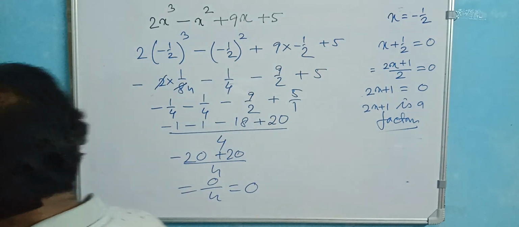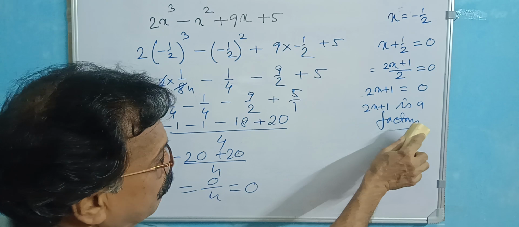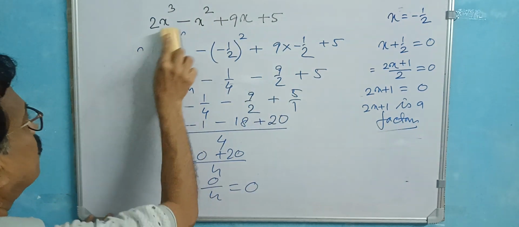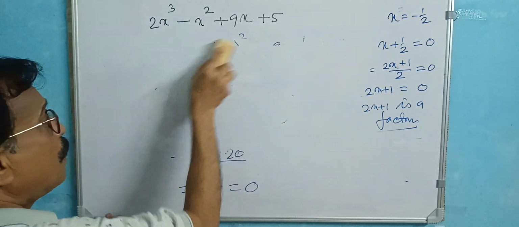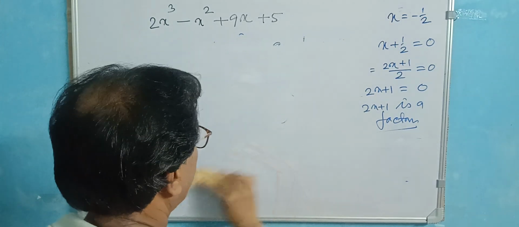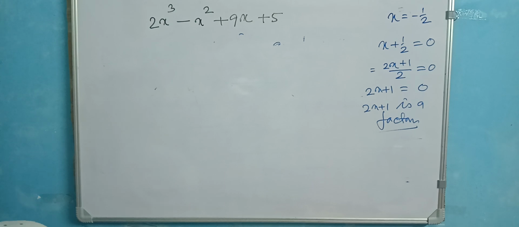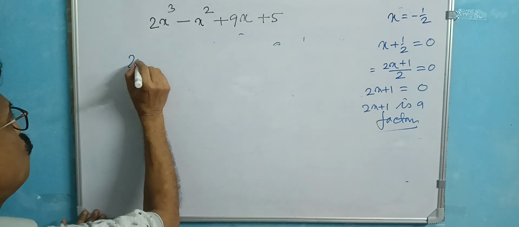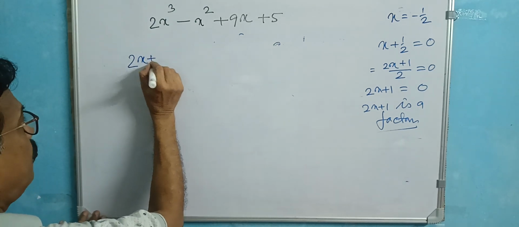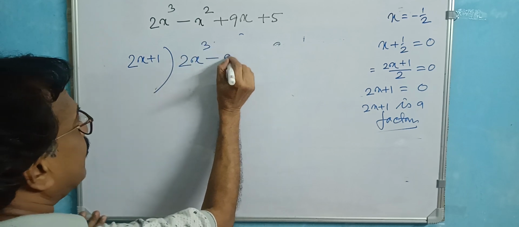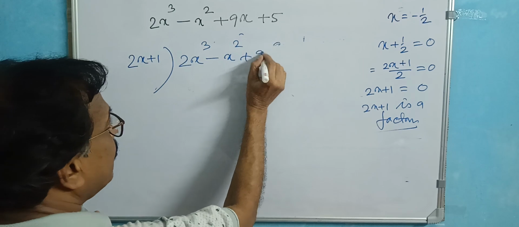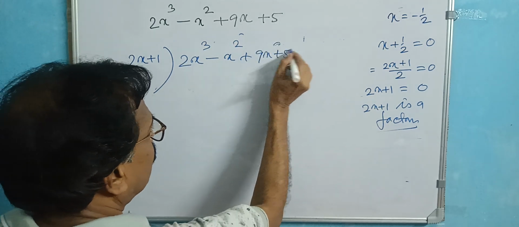Now, 2x plus 1 is the factor. Just divide it to get the other factor. Here is 2x plus 1 and you divide 2x cube minus x square plus 9x plus 5.